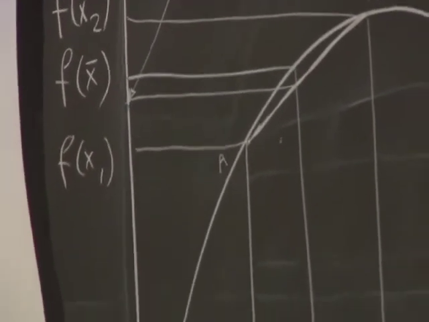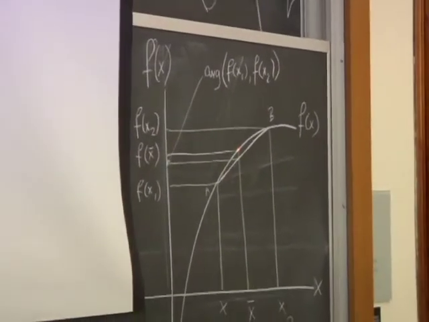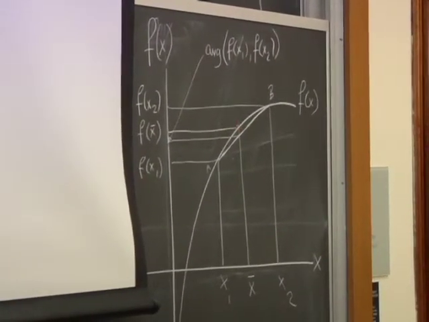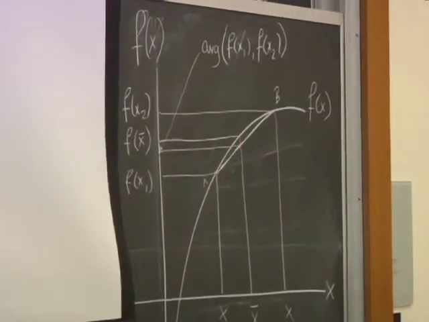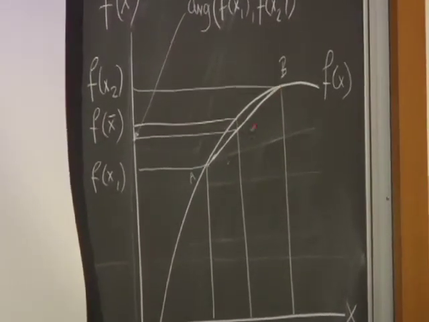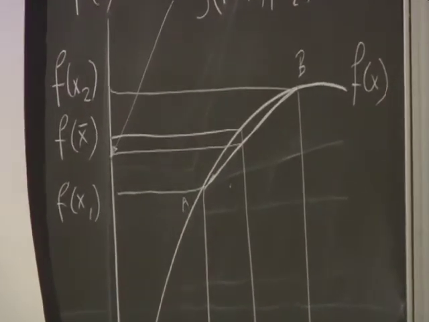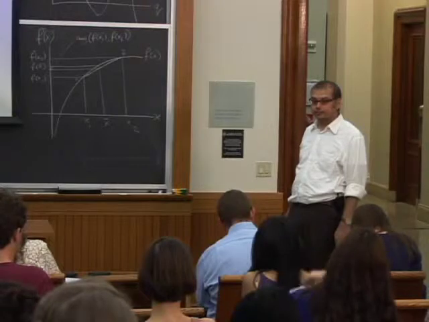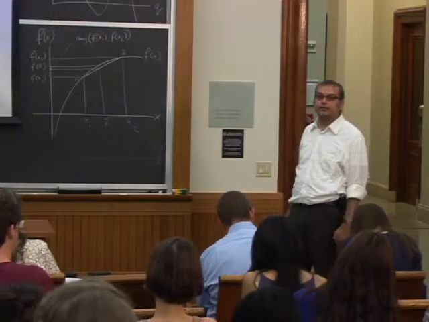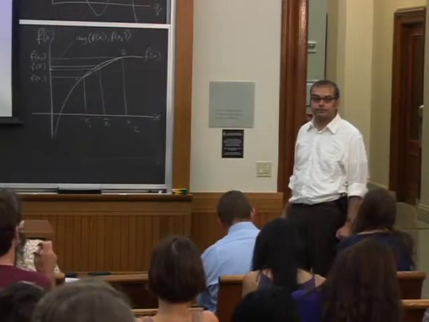That's the average. You go up till you hit the function, that's the function of the average. And this is the average of the functions, because this is the function here, that's the function here, and that's the average. And that's the definition of a concave function.